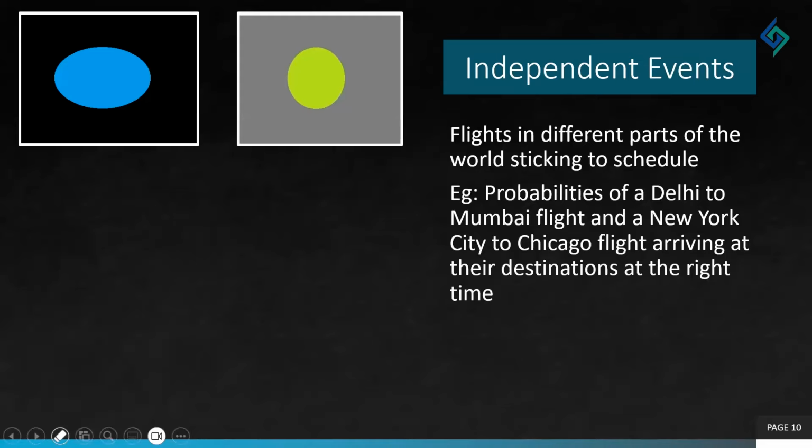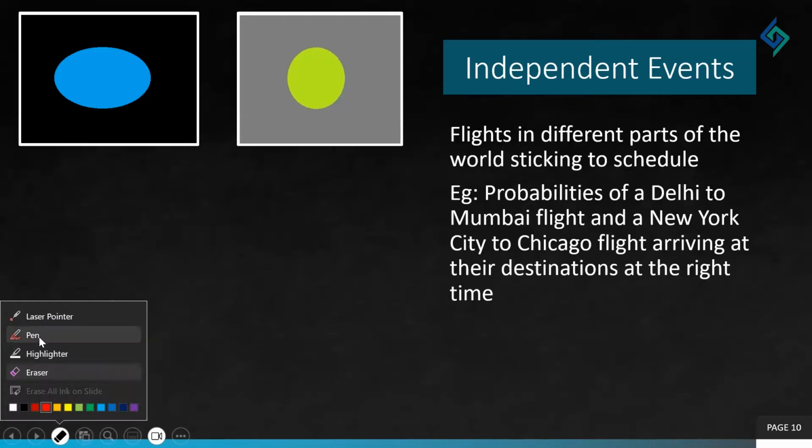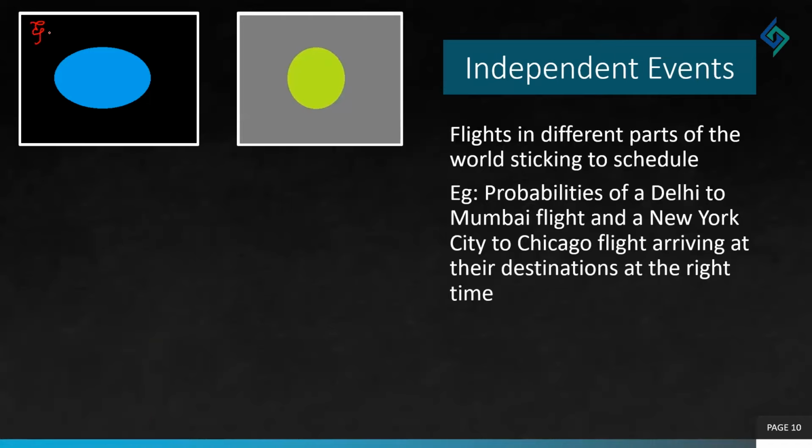So if I take the first set as the superset of the Delhi to Mumbai flight, then suppose the probability of this flight being on time, let me write this, probability of on time, is suppose 0.63, and probability of it being late is of course the remaining, which is equal to 0.37.